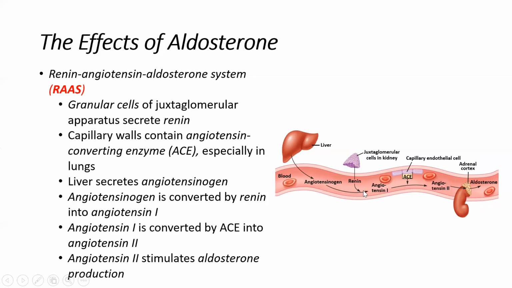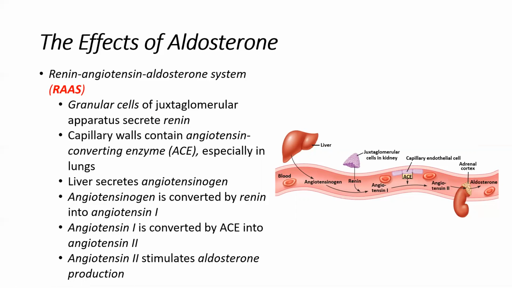And when it comes into contact with angiotensinogen, now angiotensinogen is a protein coming from the liver. It's always circulating in the blood, but this suffix, GEN, tells us that although it's circulating in the blood at all times, it is not activated. It's in its inactivated state. But when it comes into contact with renin, it will now be activated into angiotensin 1.